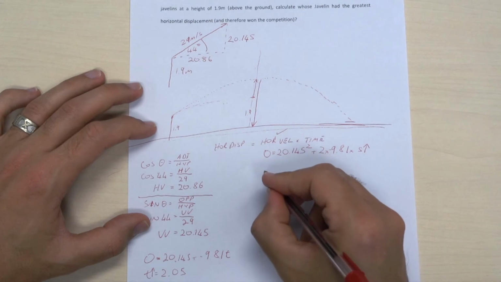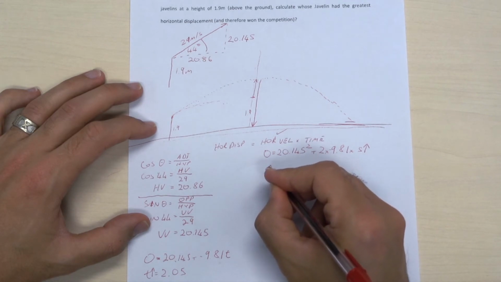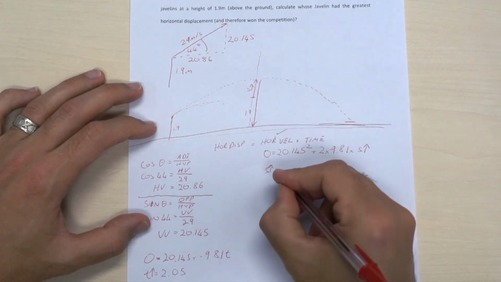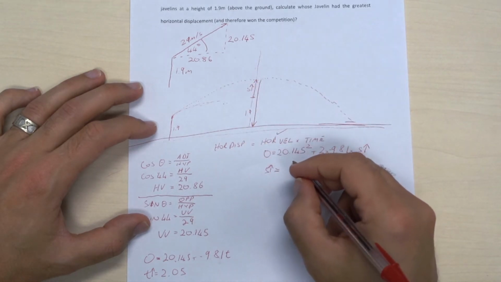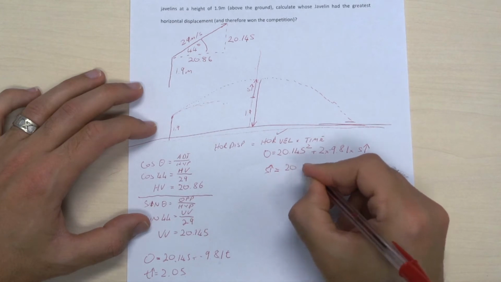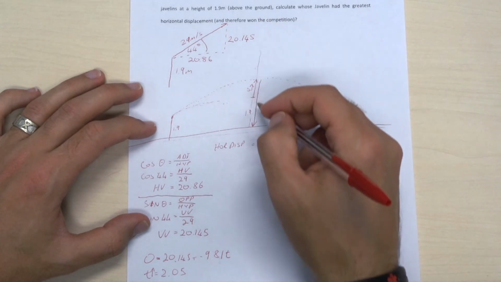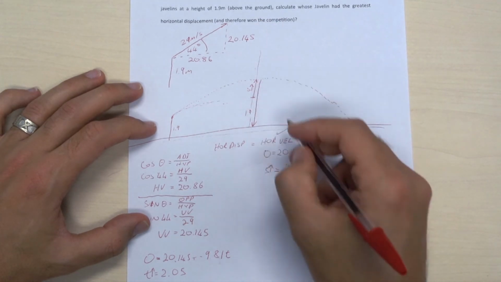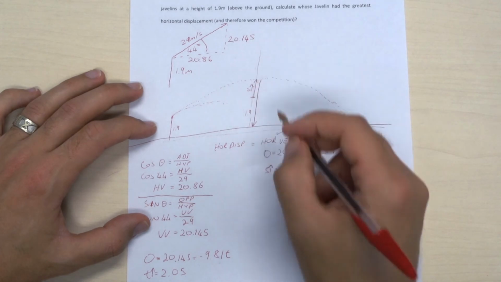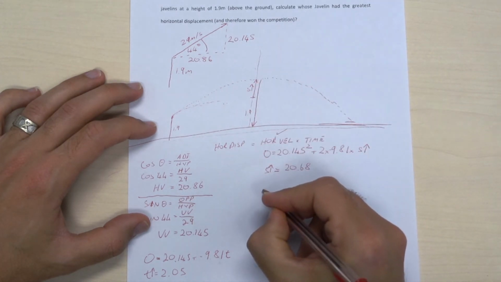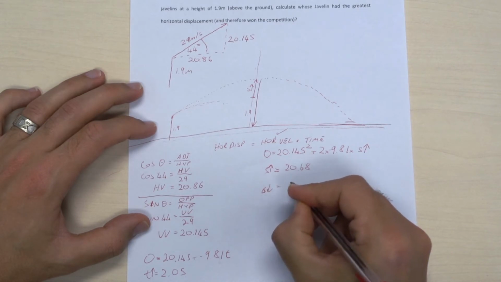Then we solve the algebra for displacement up. This section in here is going to equal 20.68. As you can see, that's much larger, so this drawing is really out of scale.